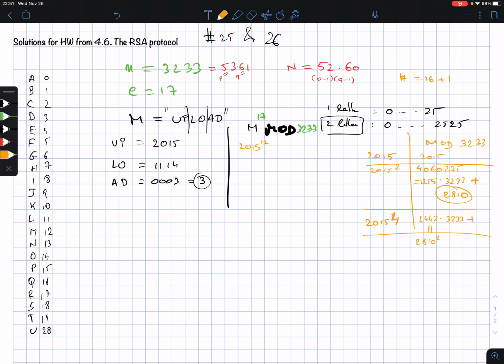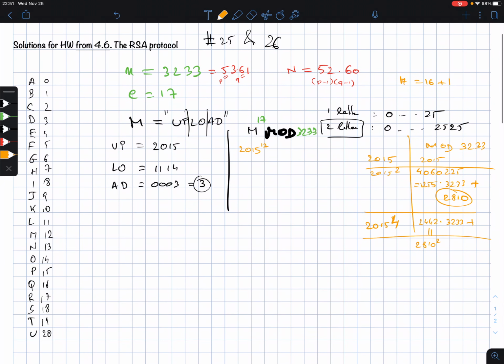Oh shoot, I should have written down that number, 2008-10 times 2008-10 is 11, so plus 1114. Okay, then 2015 to the power 8, that is 1114 squared. Okay, squaring this.